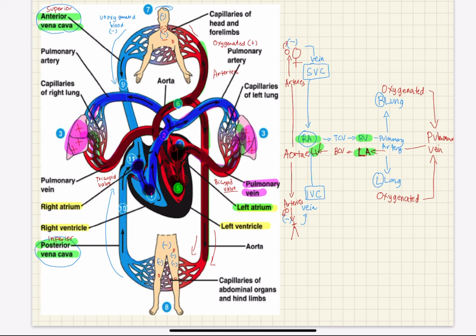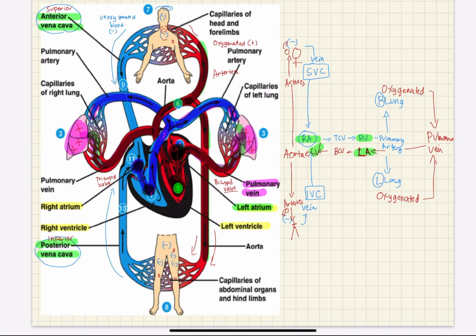Next, what happens? When the ventricles contract, yung dugo po that are in the left ventricle will also go to the aorta to be distributed to both upper and lower parts of the body using the arteries. Okay?